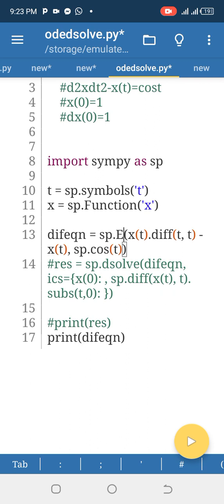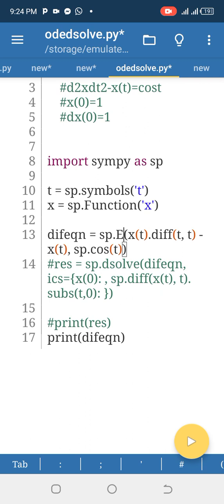In this video, we are looking at how we can solve a second order differential equation in Python. Now, we are given a second order differential equation that is non-homogeneous: d2x dt squared minus x is equal to cosine of t. This is the second derivative of x with respect to t, then subtract x, is equal to cosine of t.